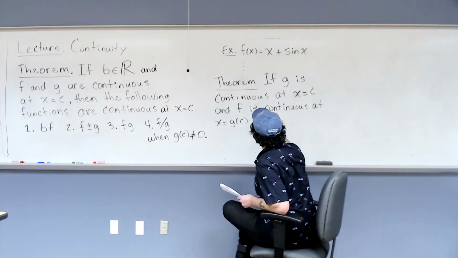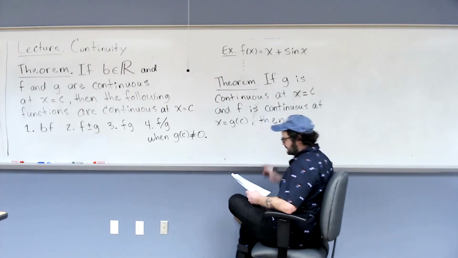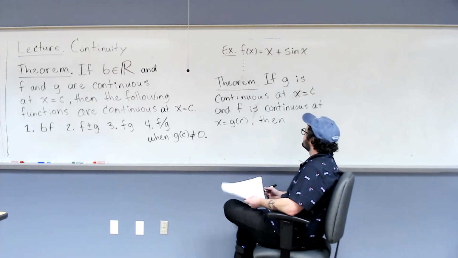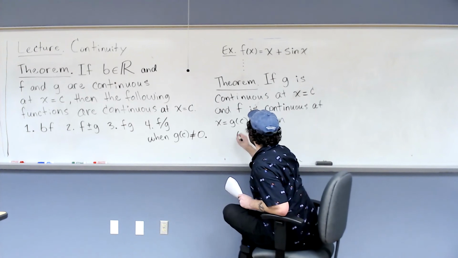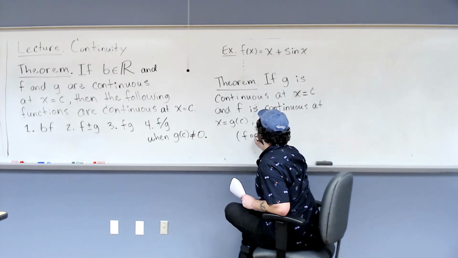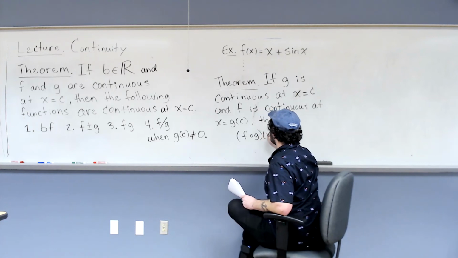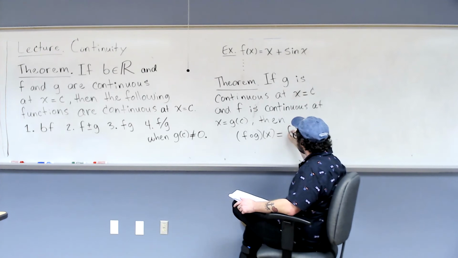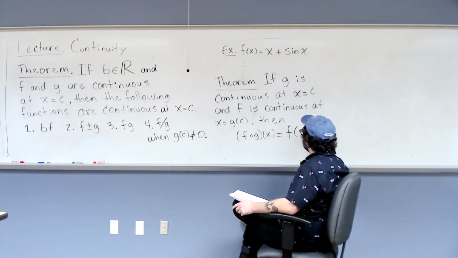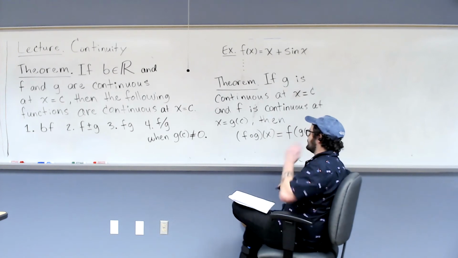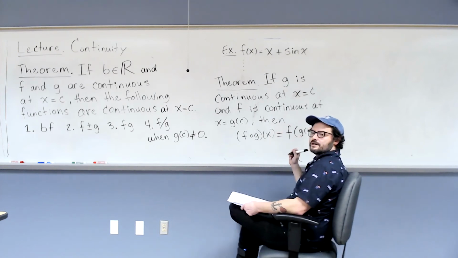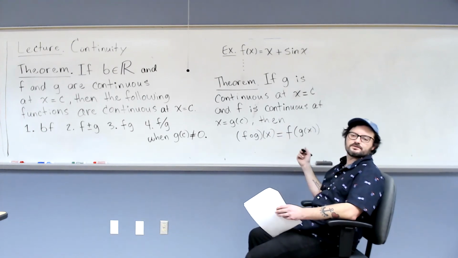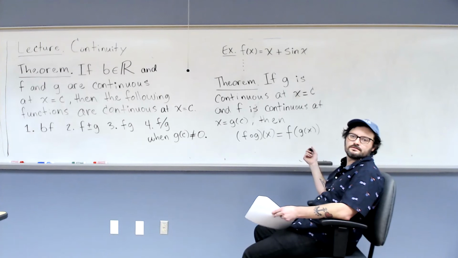Then, all kinds of notation here that's getting messy, but then F composed with G of x, which if you recall from pre-cal or college algebra, is just F evaluated at G of x. So if these conditions are met, then this composite function is continuous at x equals c.